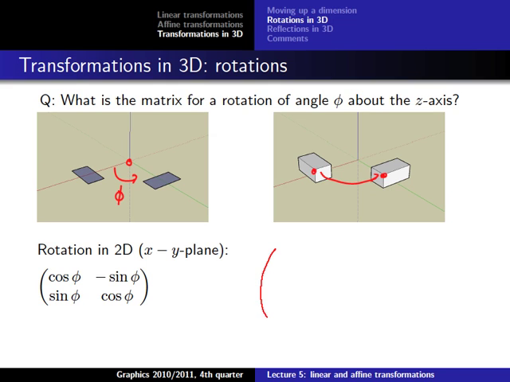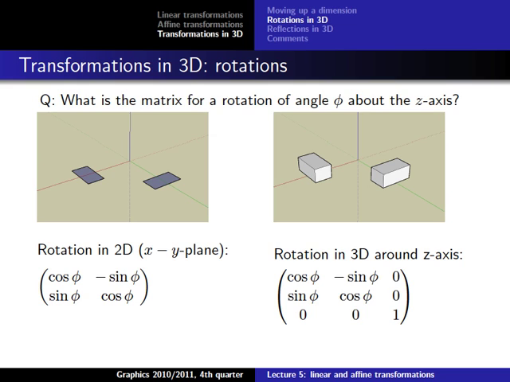So the rotation matrix is cosine phi, minus sine phi, sine phi, cosine phi, and here we just have 0, 0, 1, 0, 0. And that is our rotation matrix in 3D around the z-axis.